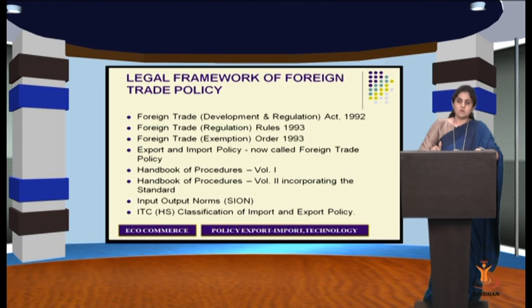The ITC had two parts: Schedule 1 for imports and Schedule 2 for exports. Schedule 1 was based on the international Harmonized System of classification of goods as formulated by the World Customs Organization.